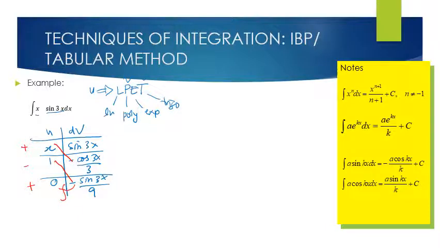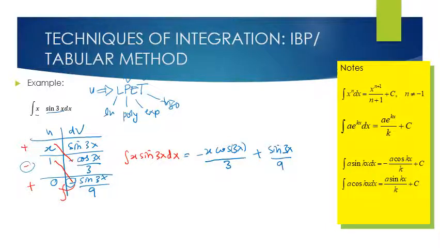So we will get that the integral of x sine 3x dx is equal to x multiplied by negative cos 3x over 3, so negative x cos 3x over 3. Here we have a negative, so it will become positive. So 1 multiplied by sine 3x over 9, so here the answer is sine 3x over 9.